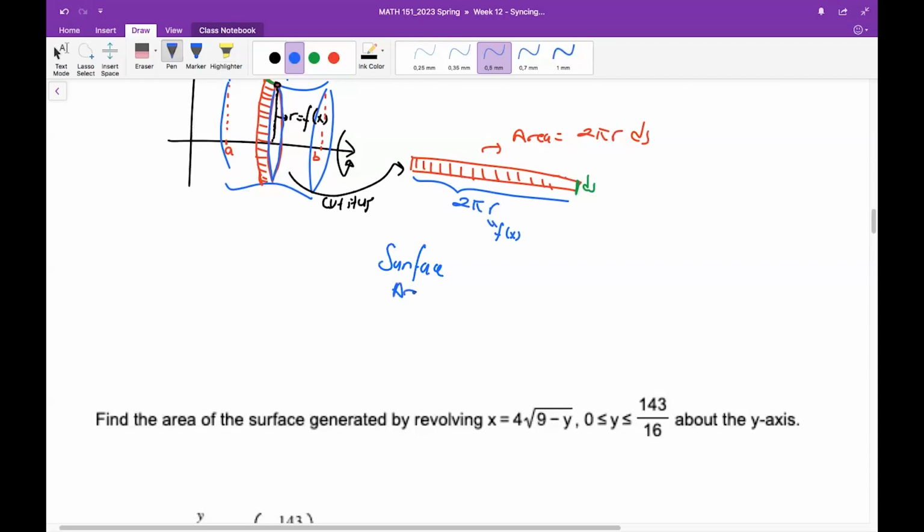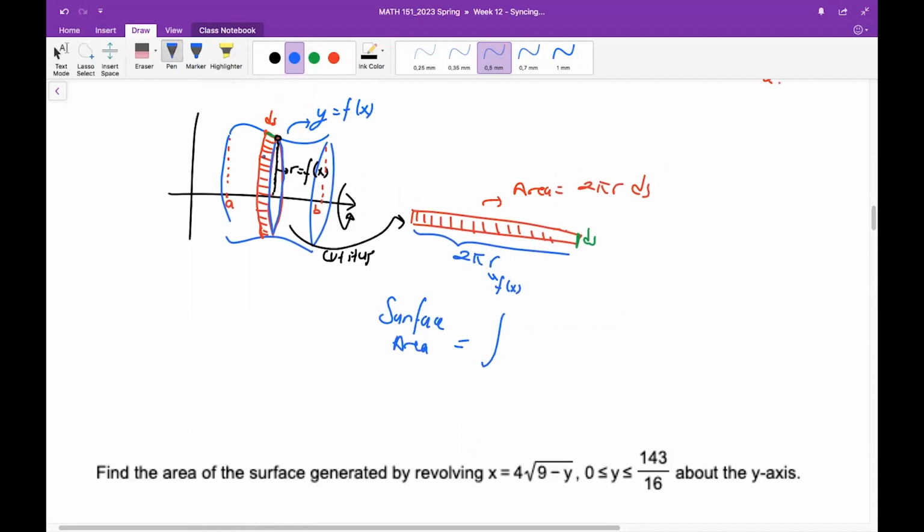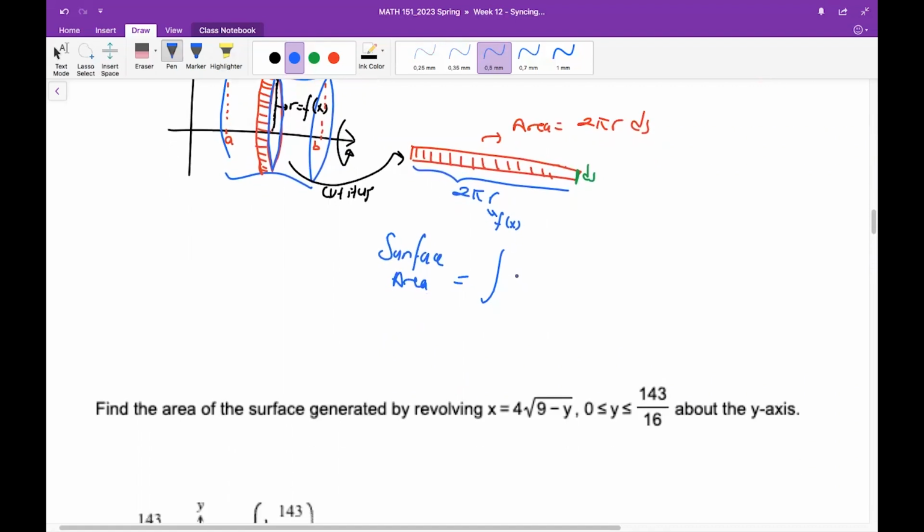The surface area that we are interested in is given by the integration, the continuous summation, of the area of this very thin cylindrical strip, which is the same as the area of this rectangle, given by this expression 2 pi r ds. After this step, the expression for ds can be written in two ways, right?